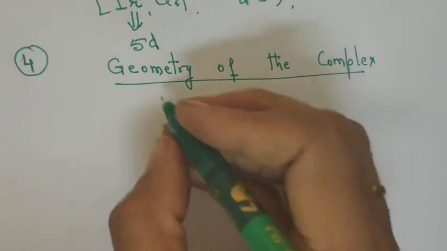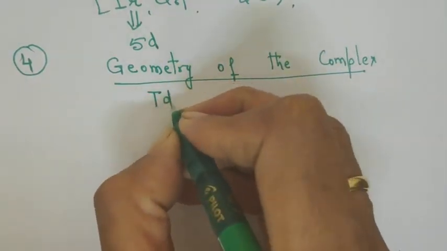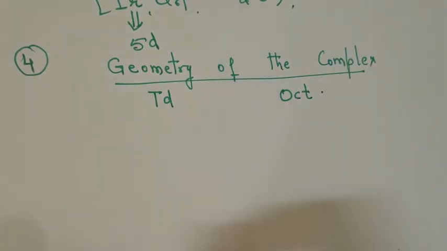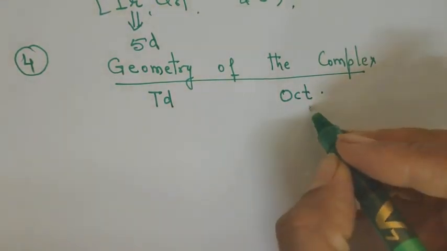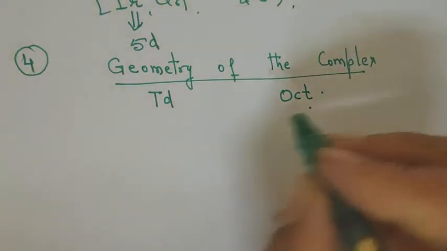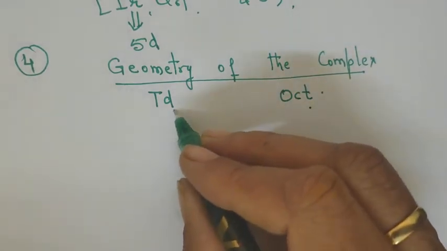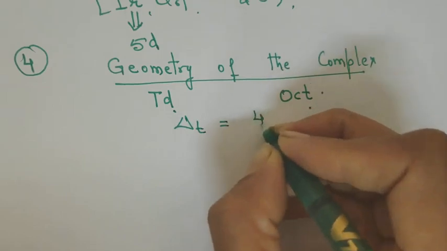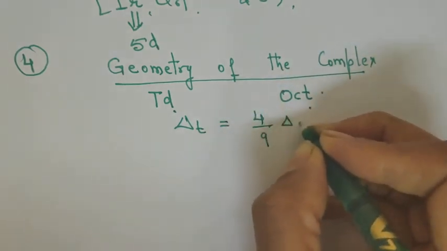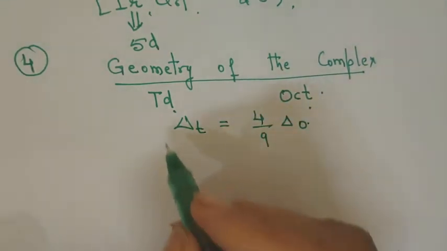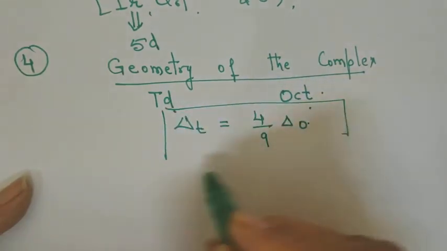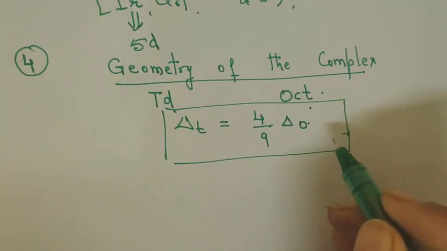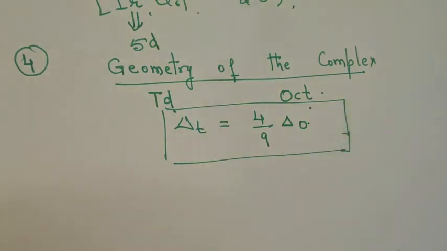If you have a tetrahedral complex and an octahedral complex, then you know that the crystal field splitting in octahedral complex is always greater than the crystal field splitting in tetrahedral complex. Delta T is equal to 4 by 9 delta 0. That is, crystal field splitting in tetrahedral complexes is about 1 by 2 the crystal field splitting in octahedral complex.